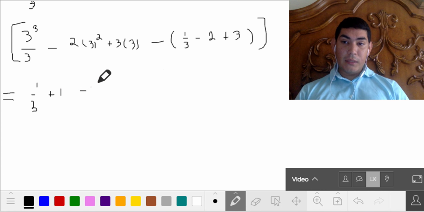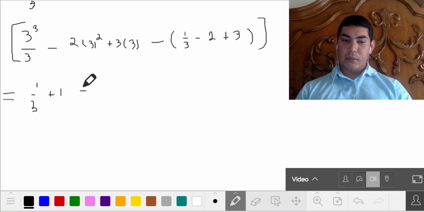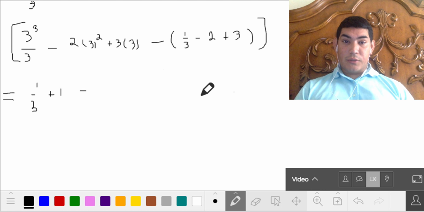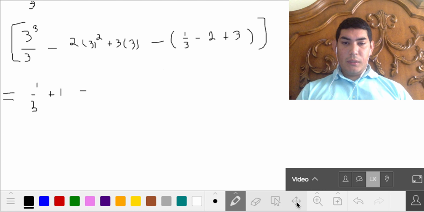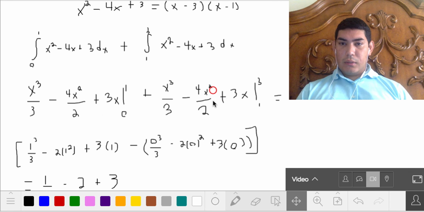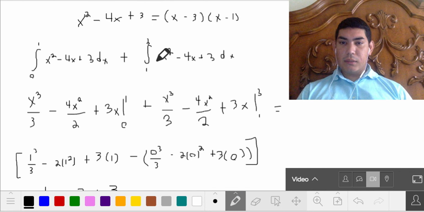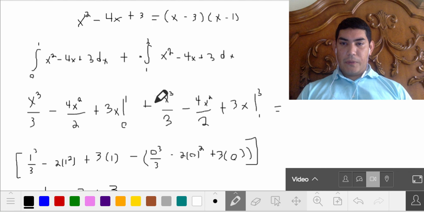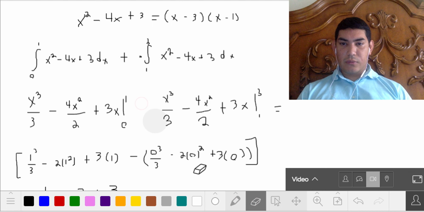I did forget to mention something. If we look over here, this is going to be a minus for the fact that that part of the function is below the x-axis. So all this should be a minus as well. I apologize for that.